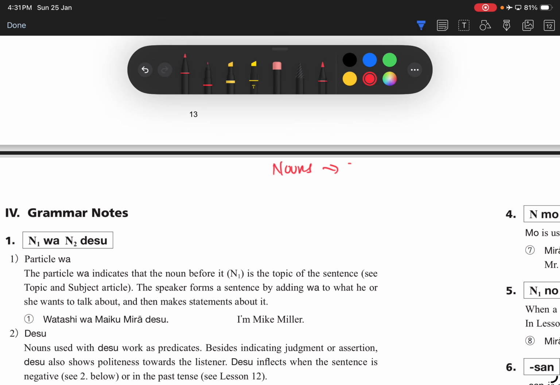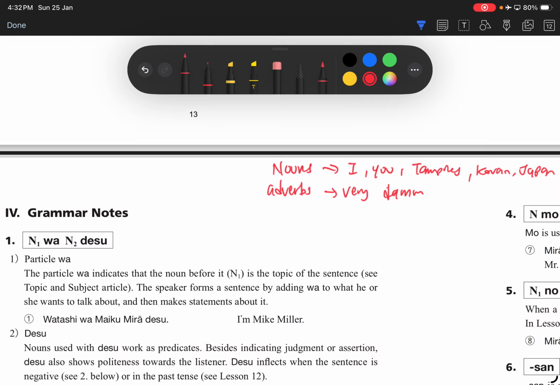Nouns are things like I, you, Tampines, Kovan, things like Japan. They are things. We also have adverbs, like very, damn.